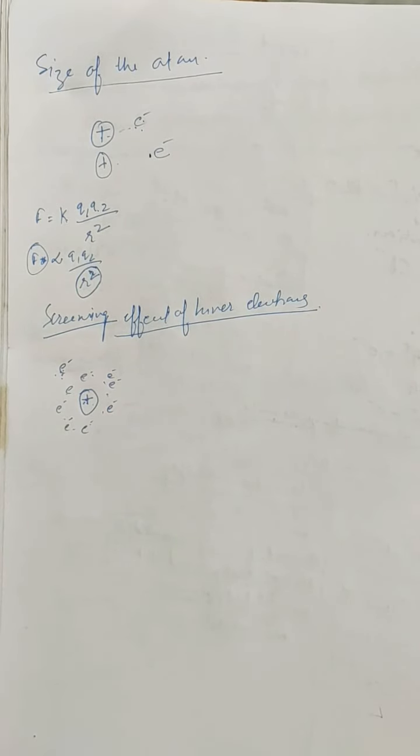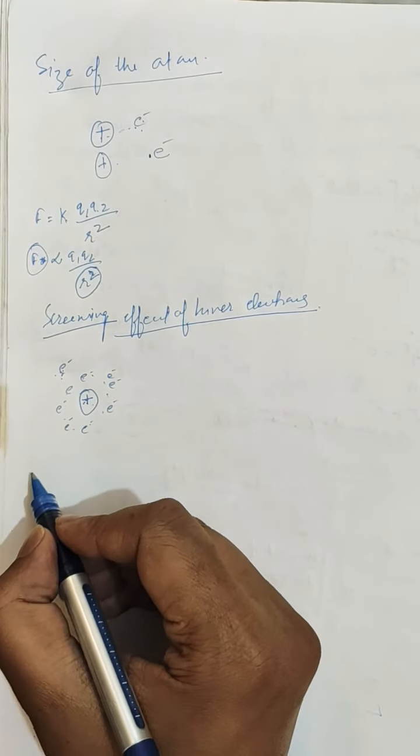As a result of this, the outermost electron does not feel the full charge of the nucleus. The actual charge felt by an electron is termed the effective nuclear charge. So what is effective nuclear charge?